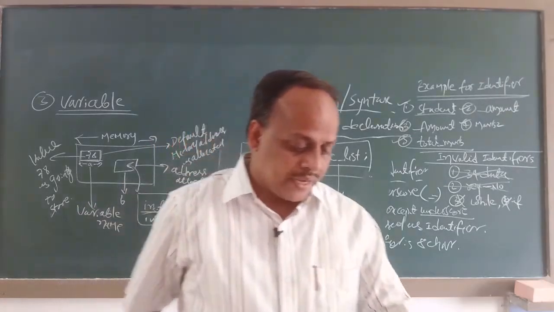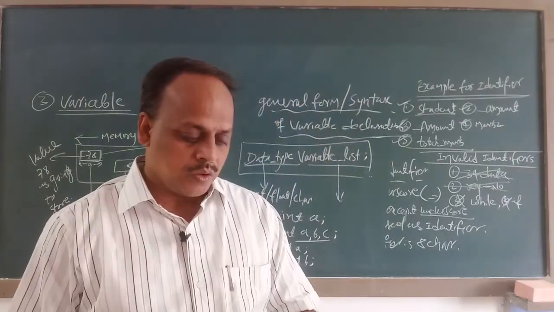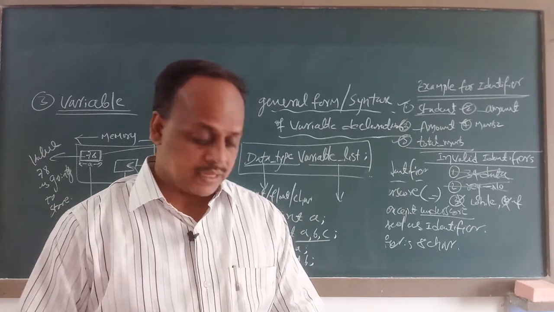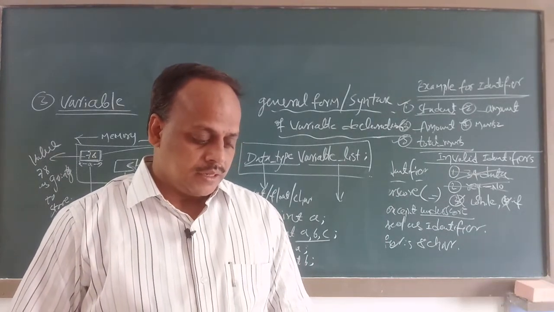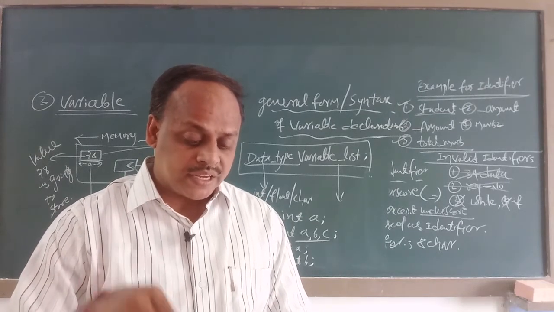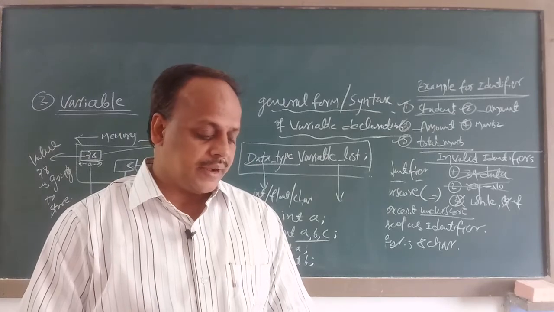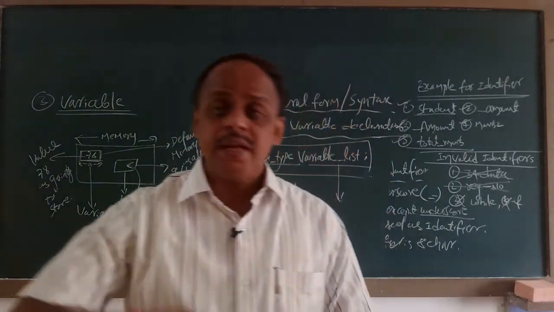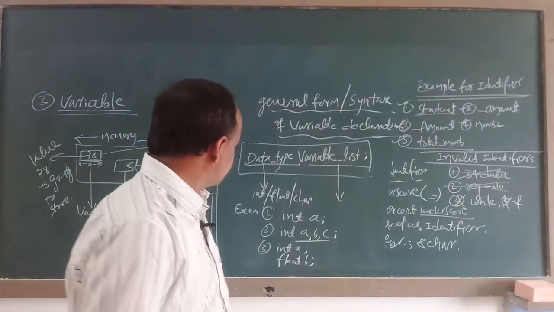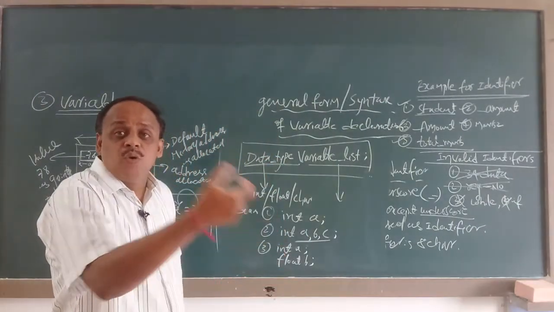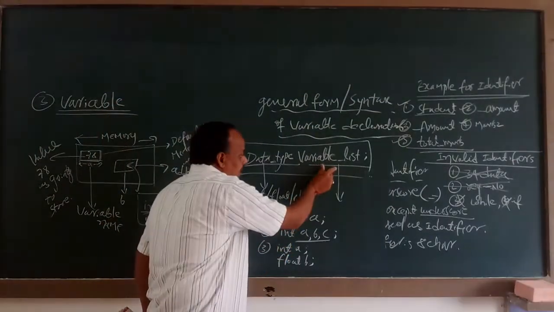So here data type is one of the C++ variable types, it may be int, float or char. The data type determines which value it can hold and what operations can be performed, right? So this data type tells what value is going to be held by this variable, right?